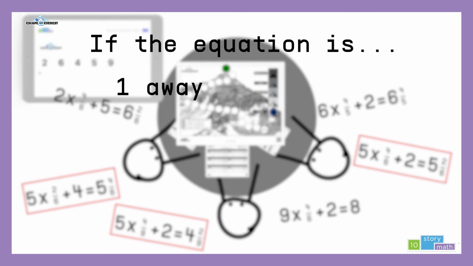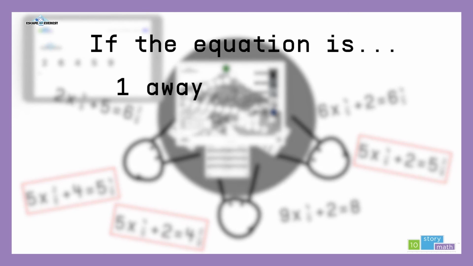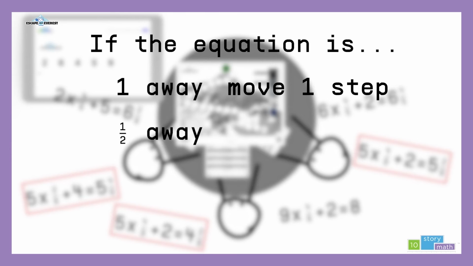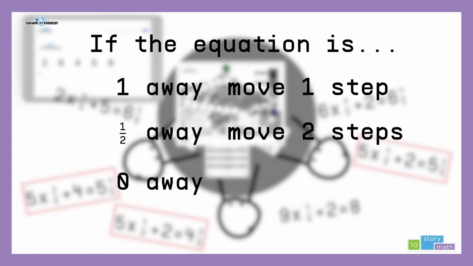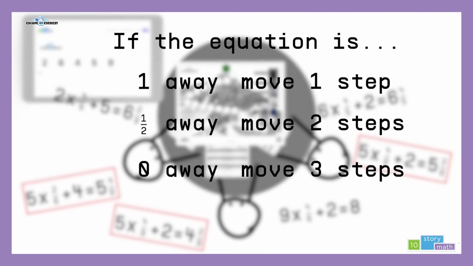Well, if the equation is 1 away from the target number, the hikers can move 1 step. If the equation is 1/2 or less away from the target number, the hikers can move 2 steps. And if the equation is exactly on the target number, the hikers can move down 3 steps.